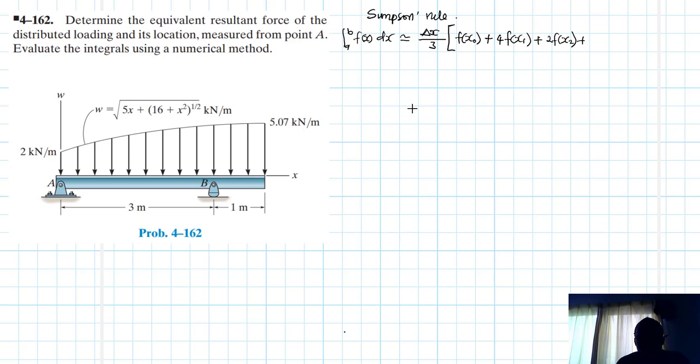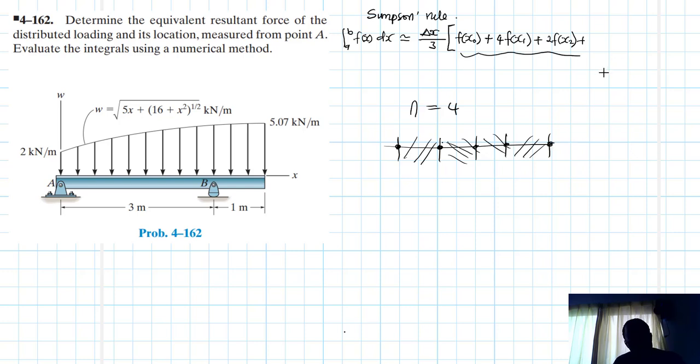If you have n equal to 4, these are the spaces in between, then how many points will you have? 1, 2, 3, 4, 5. These are the ones here.